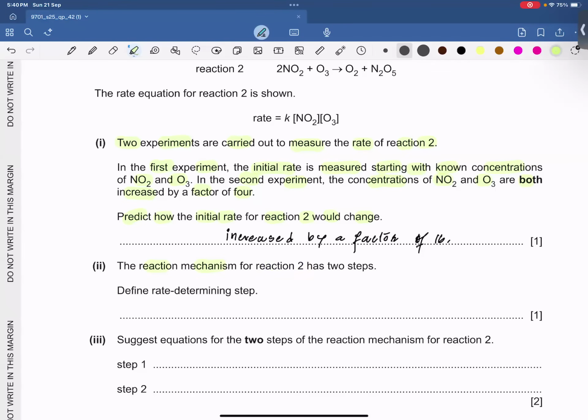The reaction mechanism for reaction 2 has 2 steps. Define rate determining step. The slow step reaction is the rate determining step.